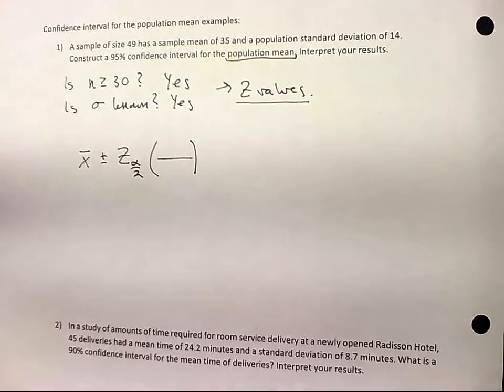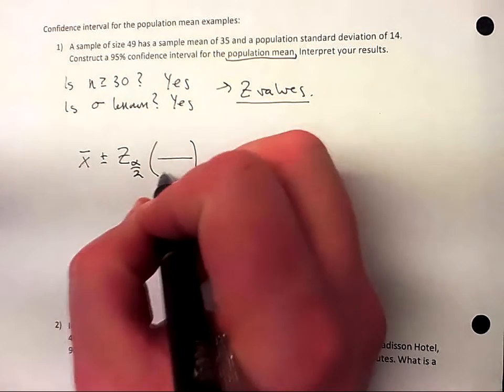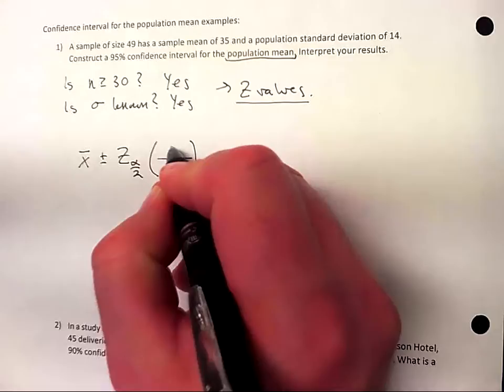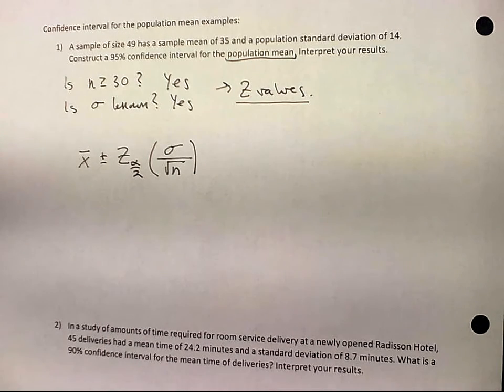What are we going to be multiplying this by? What always goes down here in our denominator? Square root of n. But now what symbol am I going to use for my numerator? And why am I using sigma? Because we know sigma, right? Here we know sigma, so therefore we are going to use sigma. If we did not know sigma, what would this become?